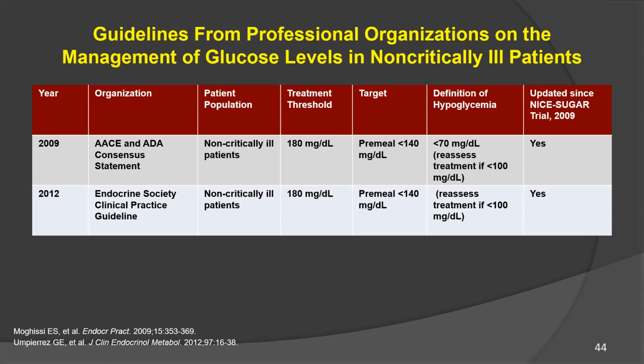And again, the Endocrine Society practice guideline also says the same, and this has been updated since the NICE-SUGAR trial as well. The NICE-SUGAR trial was basically to assess the intensive insulin treatment regime versus conventional regime in critically ill and non-critically ill, in fact hospitalized patients, so they apply to both. So these are the recommendations.